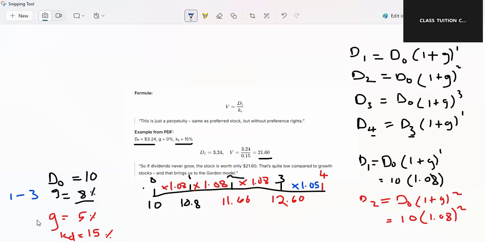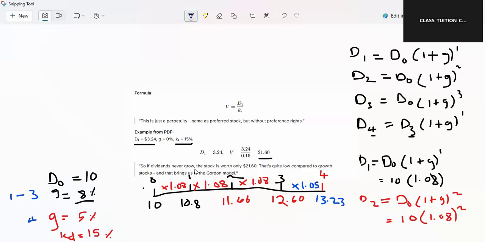But going to year 4 onwards, the growth rate has dropped to 5%, so now I'm applying 1.05 there. Are we together? So our figure for year 4 will be 13.23. This is how we can project the various growths.